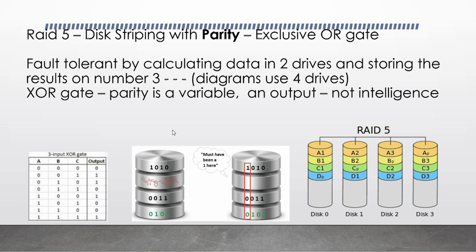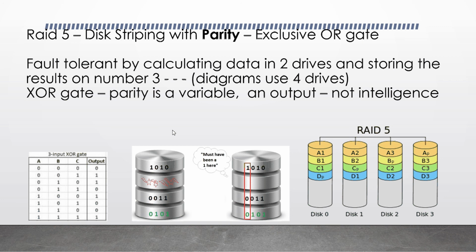We'll look at the first picture real quick. If A, B, and C are 0, 0, 0, then the output would be a 0. The middle picture shows a little better how you place it in the left diagram.